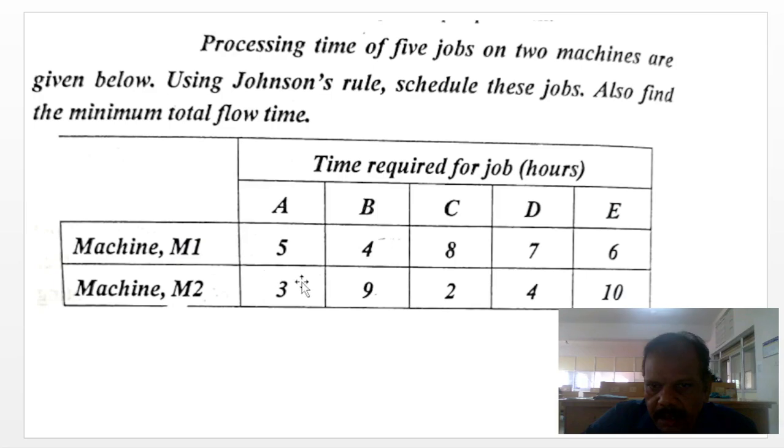Then comes the number 3. So 3 hours is the next least time. This is for A, and this is also on machine 2. So this 3 hours for A is on machine 2, and it will be written in the next box from the right end.